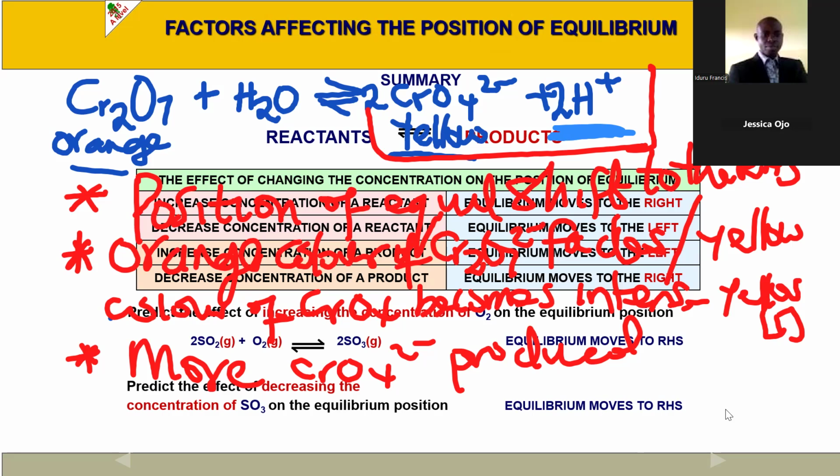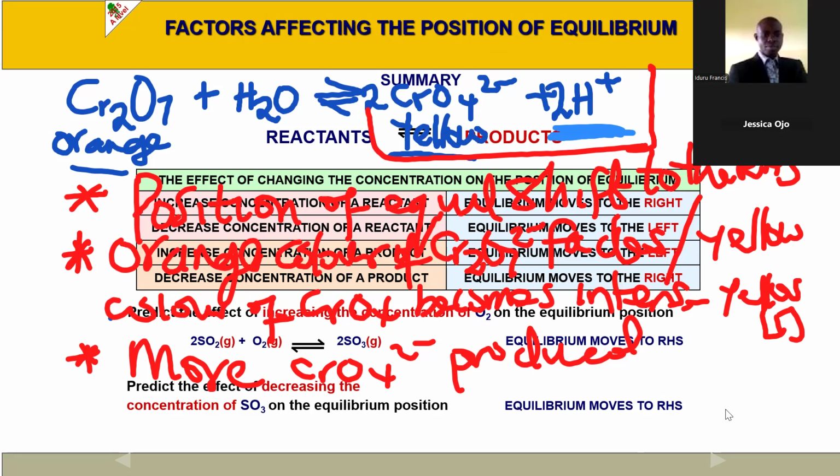So when they want to bring in H plus in a question like this, they will tell you to add more hydrochloric acid or add more sulfuric acid. They want you to know that H plus represent acid.